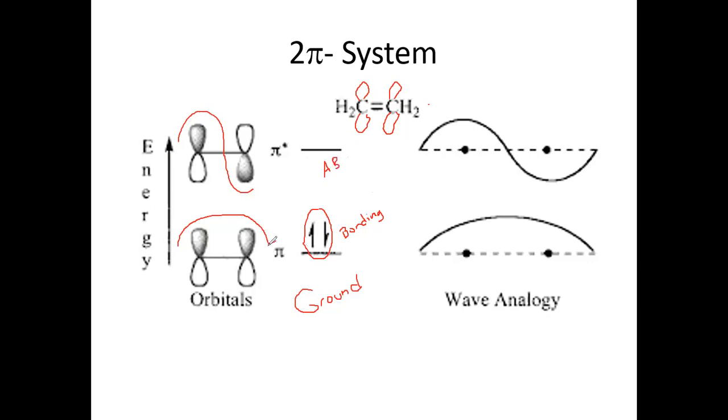We call this the pi orbital, and we call this anti-bonding pi star. All of this is a consequence of those two p orbitals overlapping, and this is how we can explain the reactivity of pi systems using molecular orbital theory. All right, any questions about this 2-pi system?